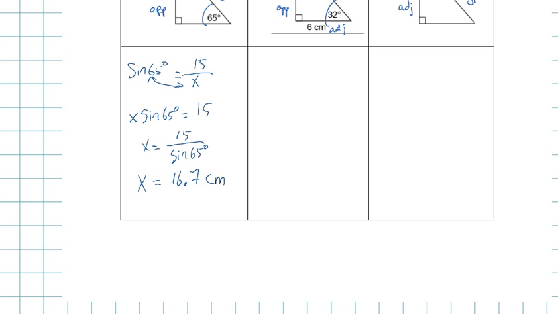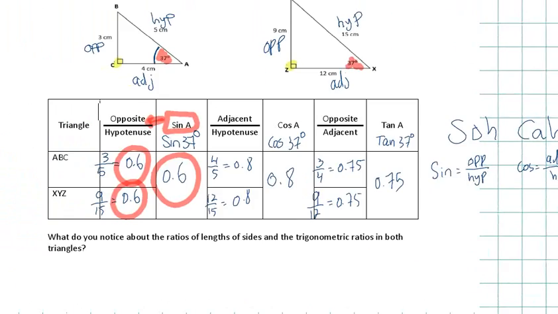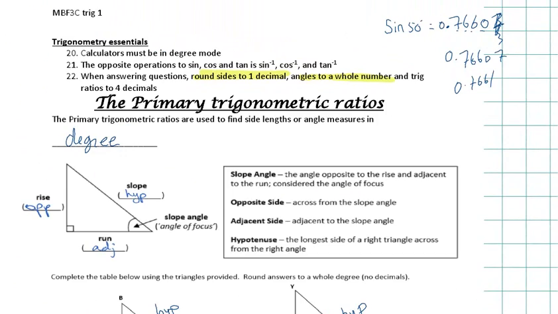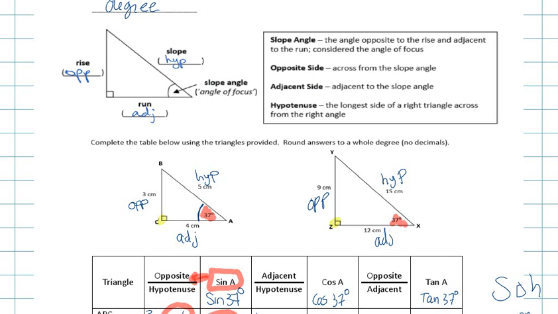I highlighted it for you previously. So it says here, round sides to 1 decimal, angles to a whole number, and trig ratios to 4 decimal places.